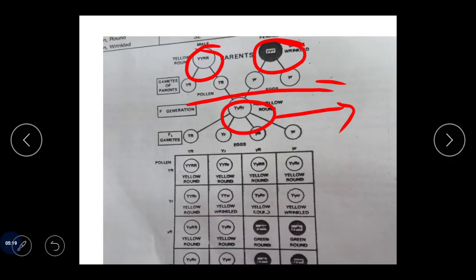So in the first filial generation, when Mendel pollinated the two pea plants, one pea plant had yellow and round seeds and another pea plant had green and wrinkled seeds. Okay, then the pollination takes place.